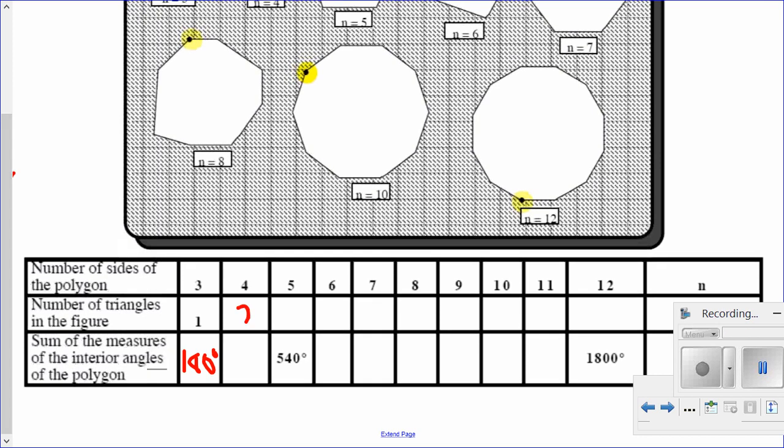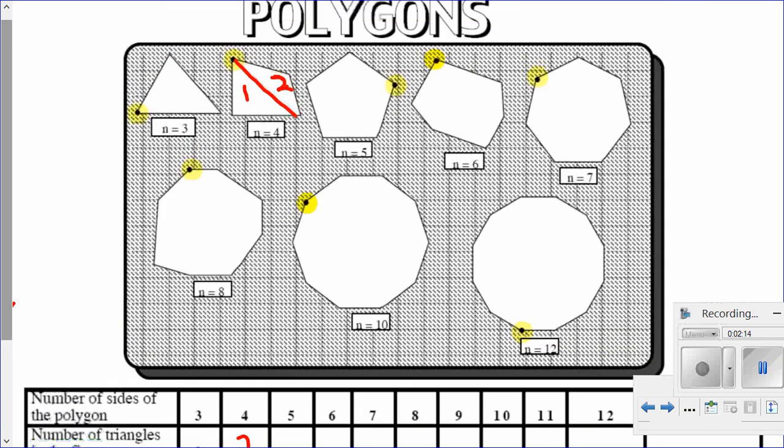So there are four sides, there are two triangles, and when I multiply 180 for each triangle times 2, I get 360 degrees. So we know that for every quadrilateral, the sum of the interior angles is 360 degrees.